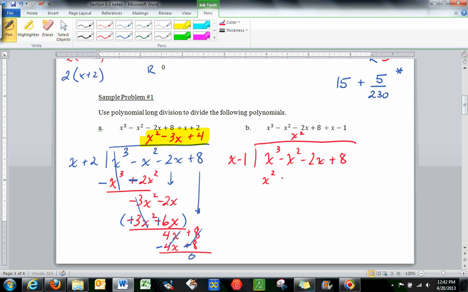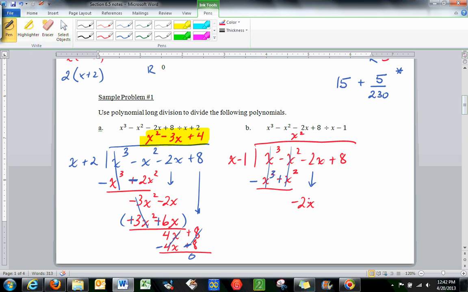So that's going to give me x squared minus x squared, which creates kind of a strange situation here, because when I subtract that and I distribute the negative, this should be to the third, I will cancel out those x to the thirds, and I'll end up canceling out those x squareds, which means now I need to drop my negative 2x.